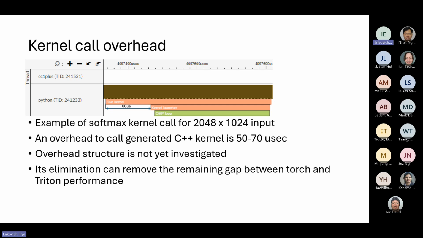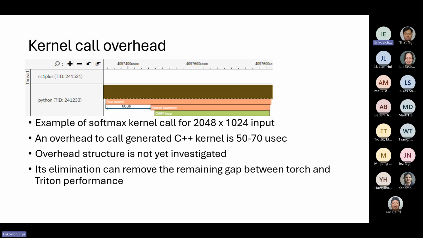So this first task, run kernel, wraps Python kernel call, and kernel launcher task is a task in our driver. So the time starting from the kernel call until we get into the driver is about 50 to 70 microseconds, which is quite significant compared to the total execution time.